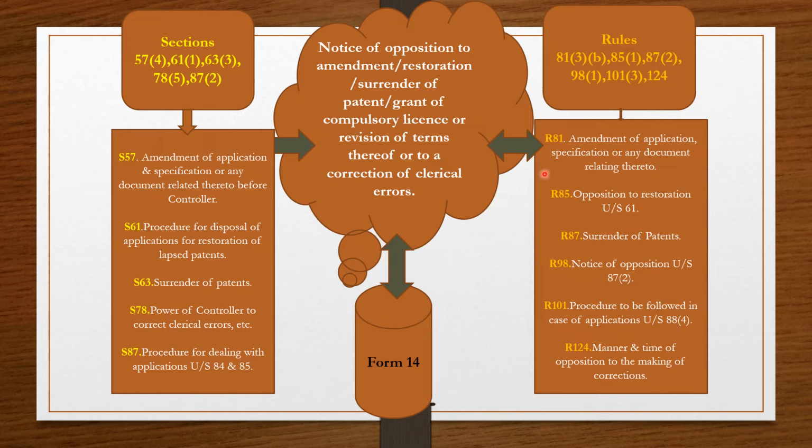Rule 81, amendment of application. Section 63 is surrender of patents, and rule 87 is surrender of patents. Similarly, you can relate all this, particularly the subsections of the sections and the subrules of the rules, with this form number 14. So let us proceed to the next form.